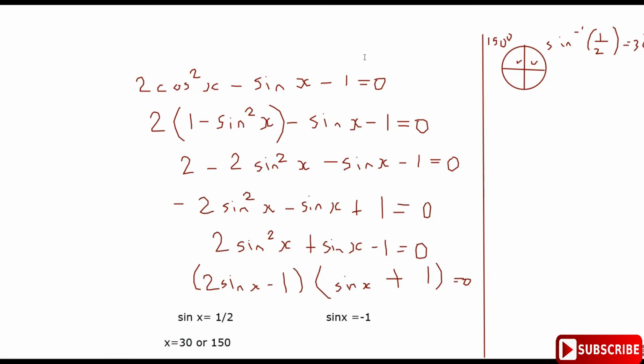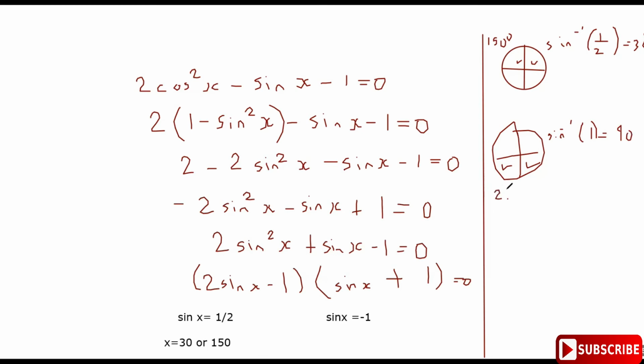Look at this now. Sine x is minus 1. If sine x is minus 1, you draw your circle for that one. Where is sine negative? Sine is negative down here. Find sine inverse of 1, and sine inverse of 1 is 90 degrees. So we need 180 plus 90, which is 270, in the third quadrant.